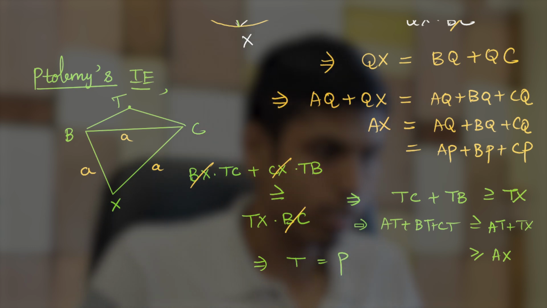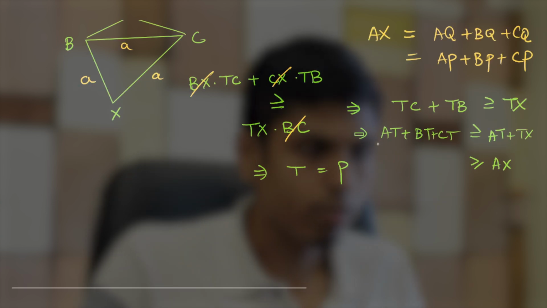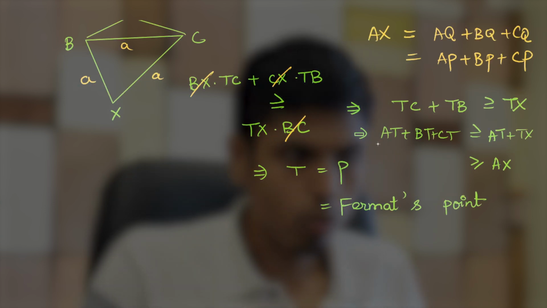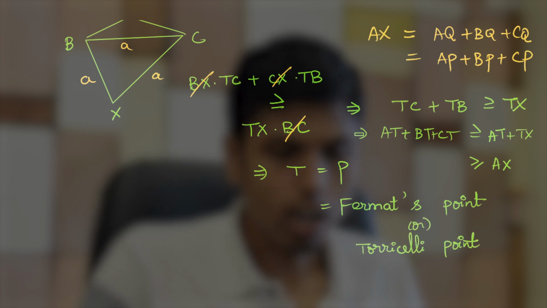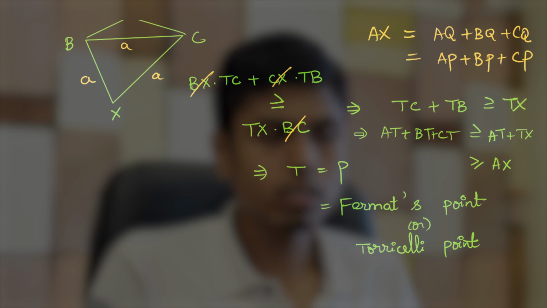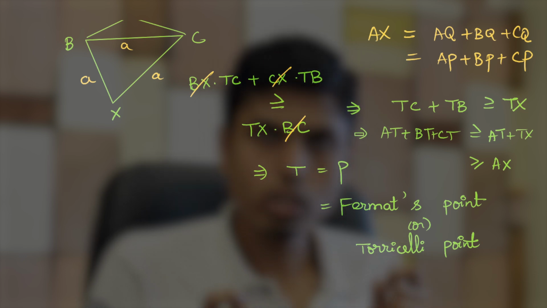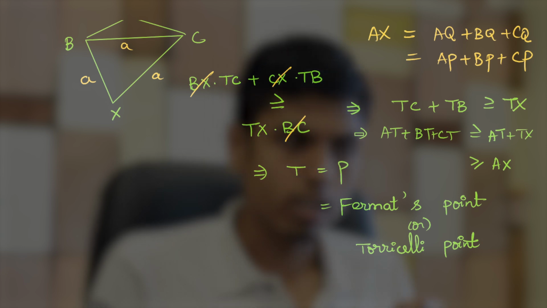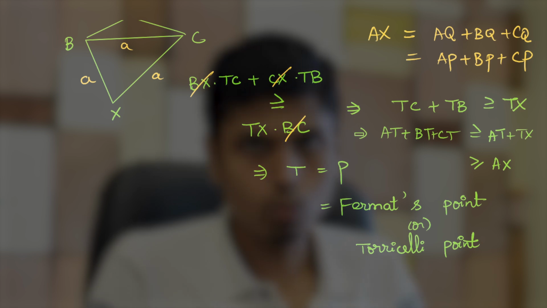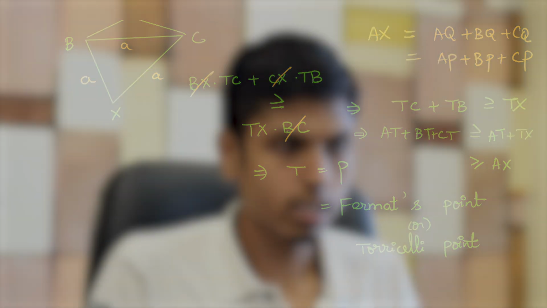And this point has a special name called the Fermat's point, or they also call it the Torricelli point. So for an acute angle triangle, the sum of distances from the Fermat point to the vertices is minimized, and it also equals the distance AX and also equals BY, also equals CZ.